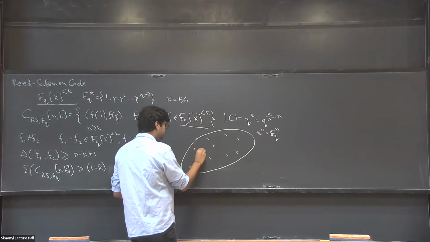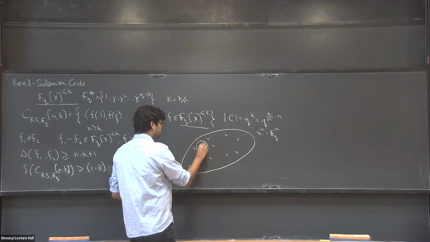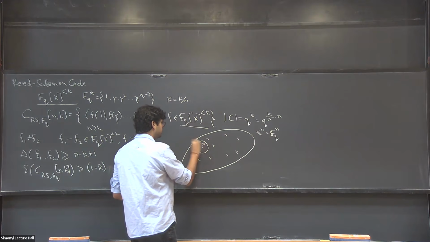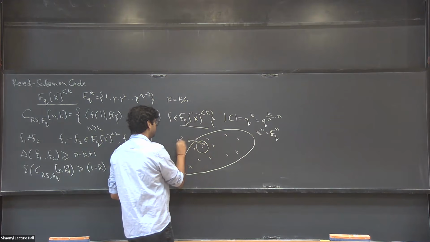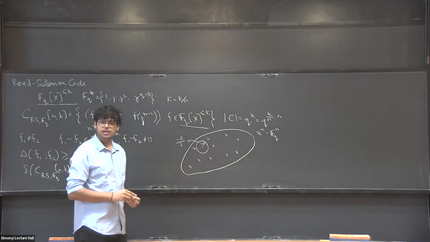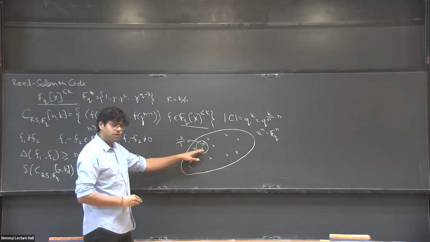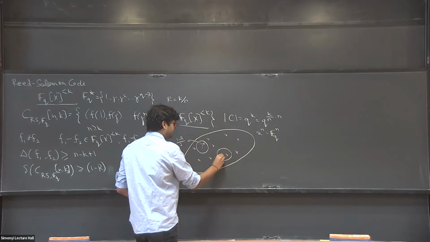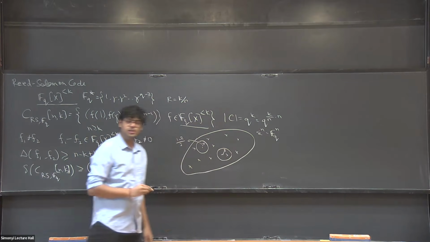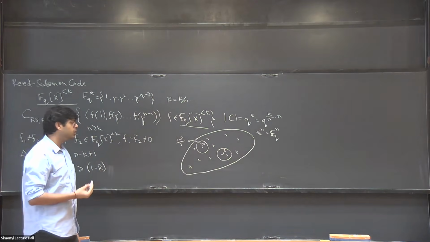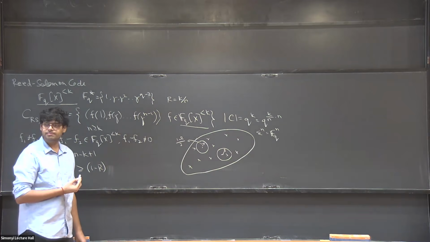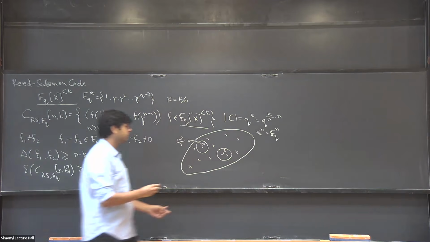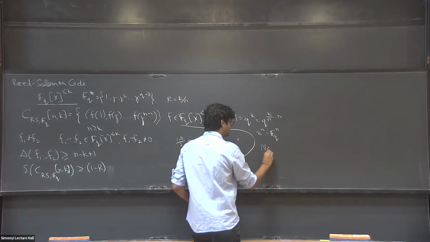Or in other words, if I start drawing balls of radius (1 minus R) over 2, then maybe the ball is empty. Or another case could be the ball has one code word, but it can never happen that the ball has two code words. Okay.